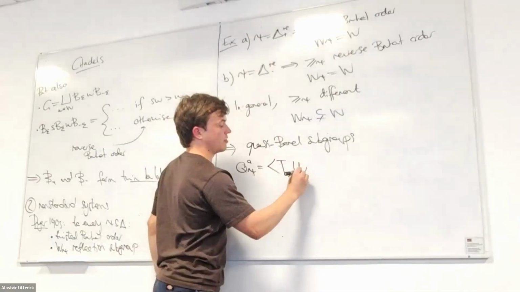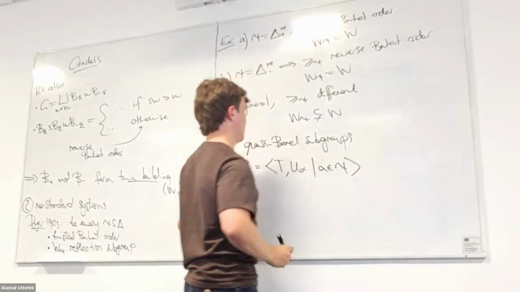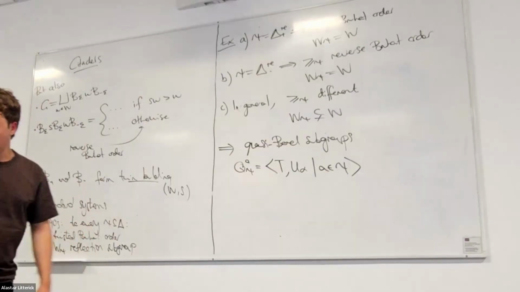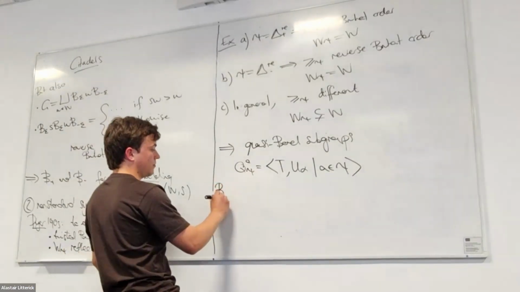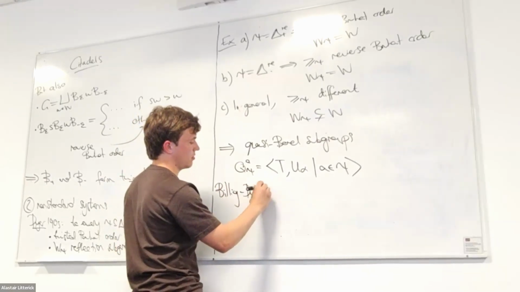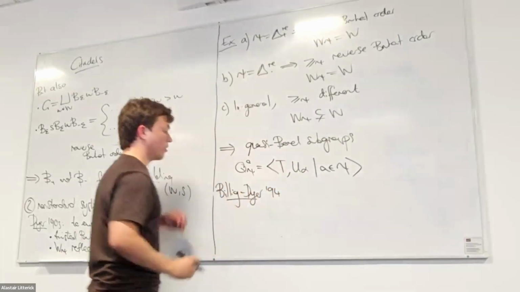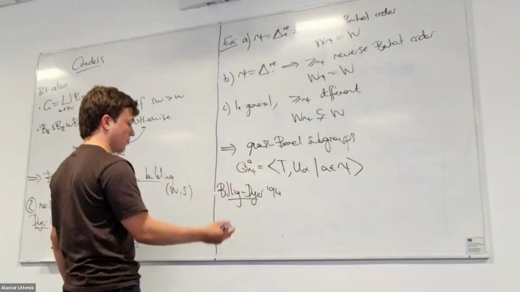This is just generated by T and the U_alphas coming from your positive system. Okay. And this is a result of Billig and Dyer, again from the 90s, who partially prove a Bruhat decomposition using these weird Borel subgroups.